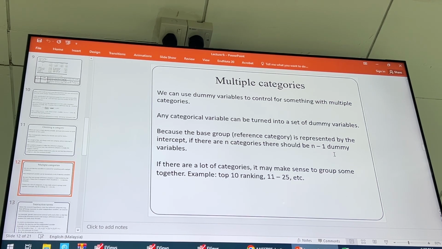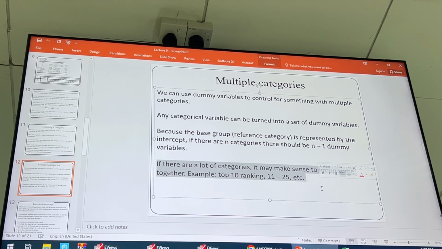If there are a lot of categories, it may make sense to group some together. So let's say you have 100 categories. Then it's not good practice to include too many dummy variables, because remember your degrees of freedom is sample size minus number of parameters.